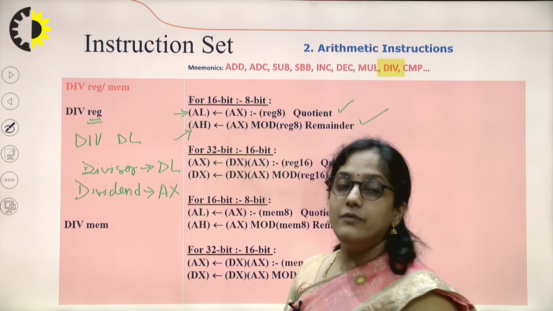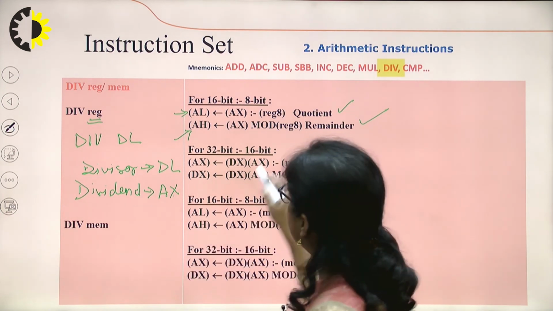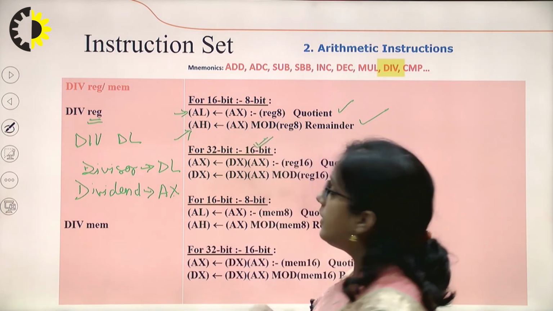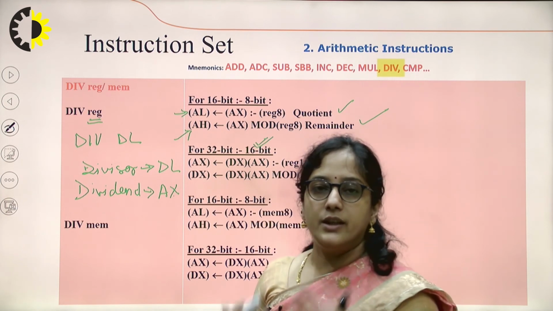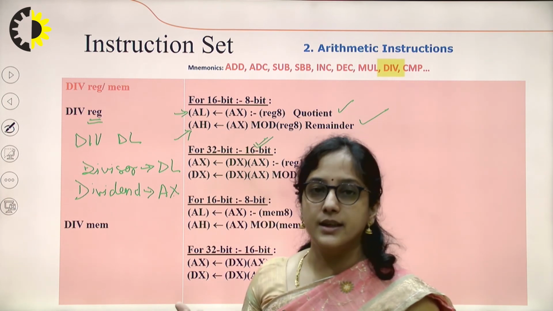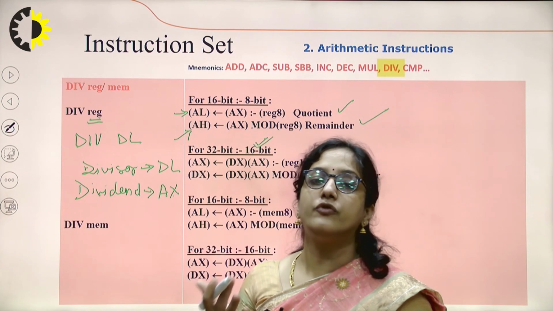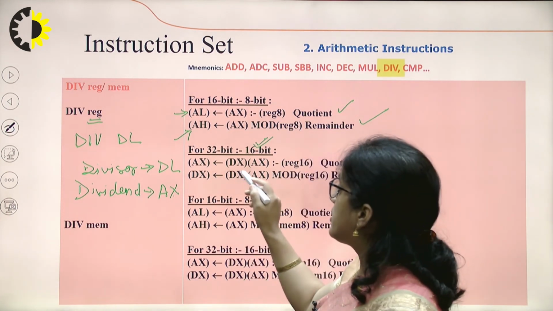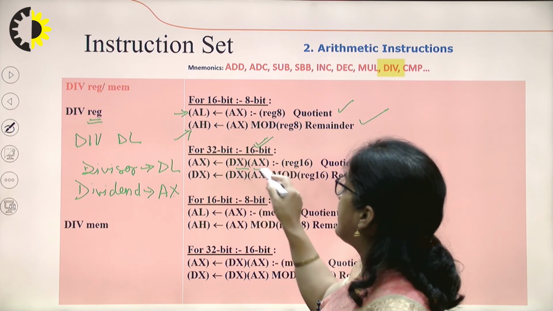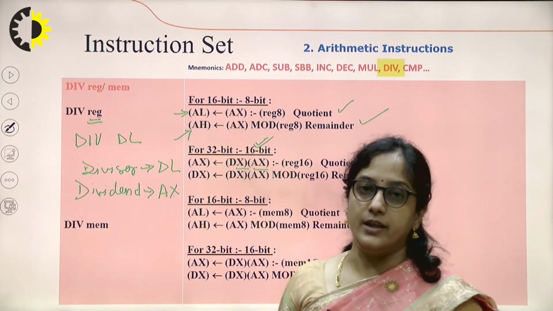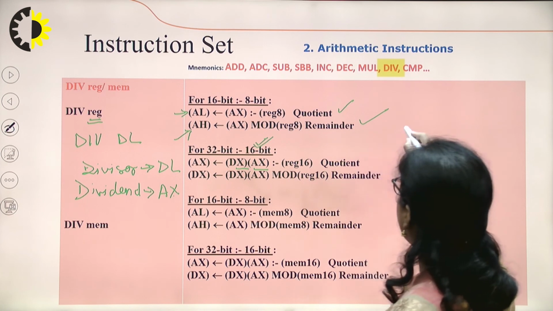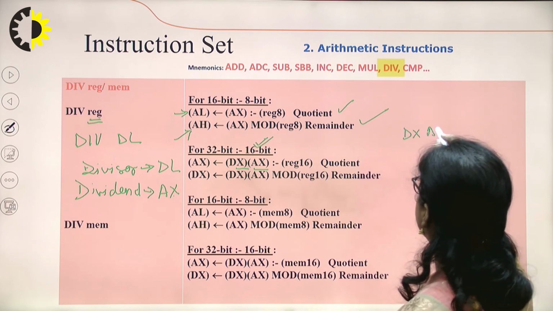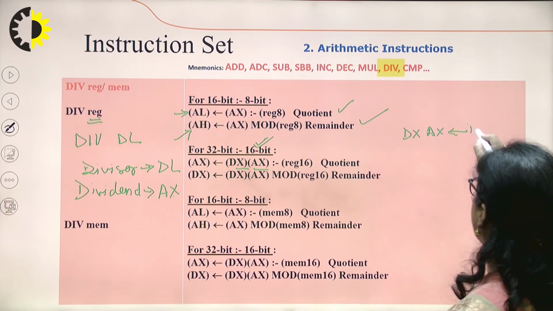Now if our divisor is of 16-bit, then definitely our dividend must be greater than 16-bit. So we need a dividend of 32-bit. In that case, the microprocessor will consider DX and AX as the dividend.